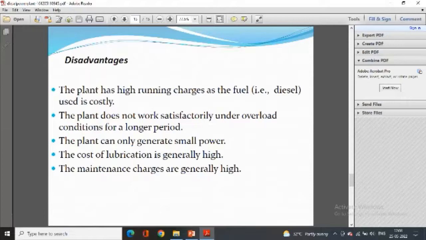That's why it is not beneficial for us, and it generates only small power. The cost of lubrication is generally high. The cost of lubrication is also increased. Then next, the maintenance charges are generally high.